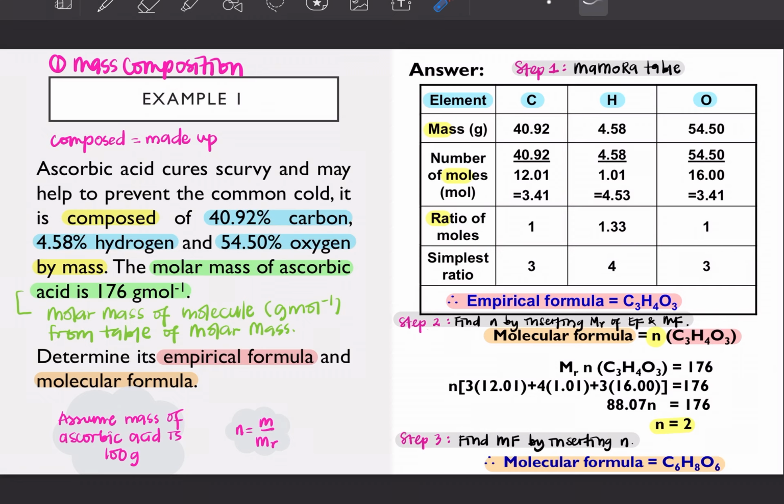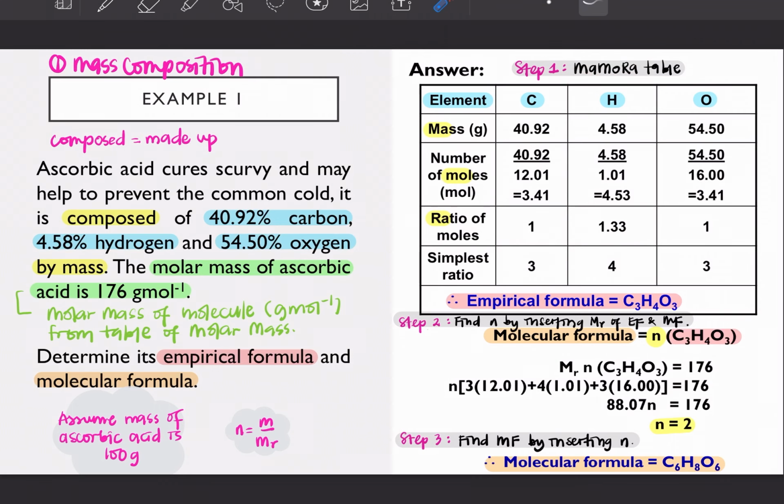When you do that, since you are given the percentage, you can find the mass. You have values for mass. So basically just use the percentage and convert to grams. Then we're going to draw this special table called the Marmora table.